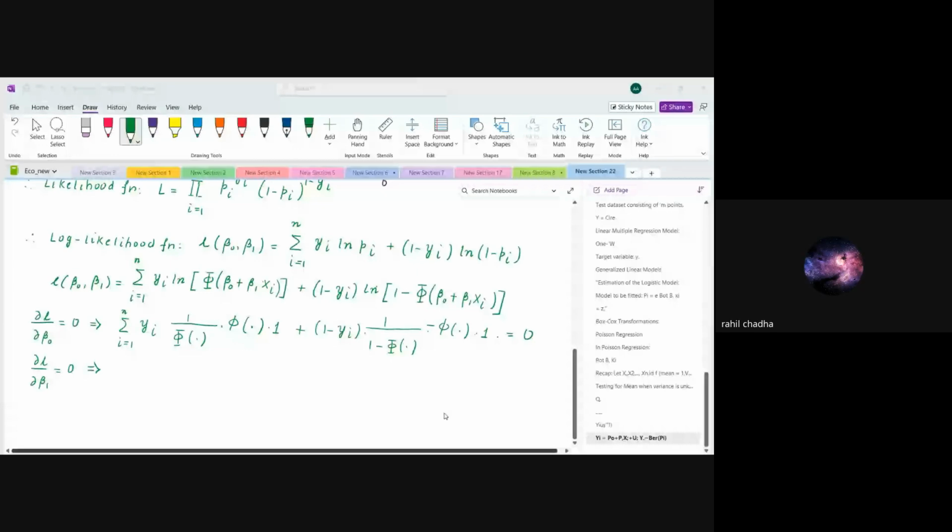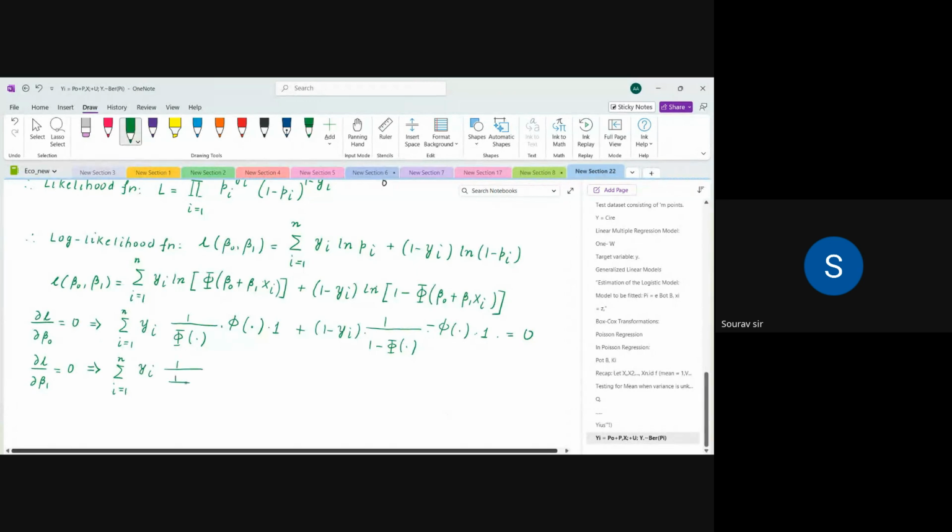Check this, Rahil, if this is making sense to you. Yes. Okay. Moving on to the next one. Summation i running from 1 to n. Beta 1 तक जाना है, so the first few steps will be same.